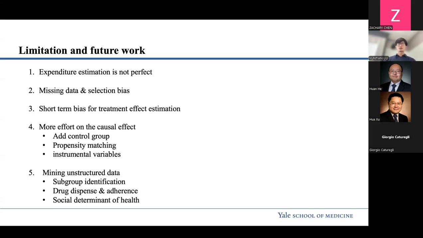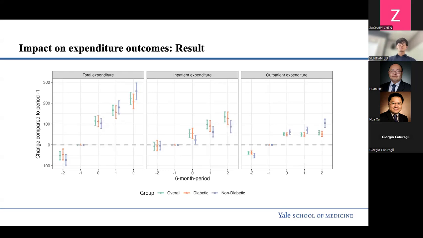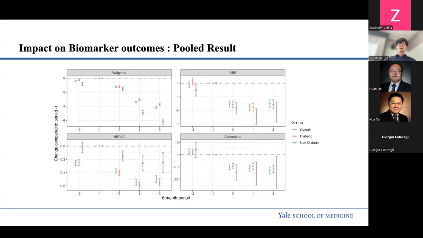Also, for the event study, the estimation has its own shortcoming, which is short-term bias. That means the binary treatment effect is biased toward the short-term effect. Let me use the weights as an example.